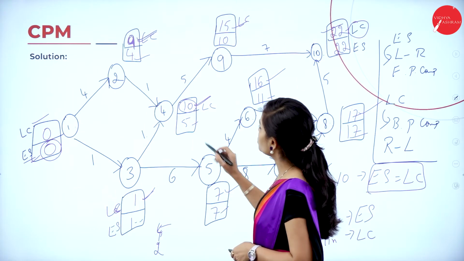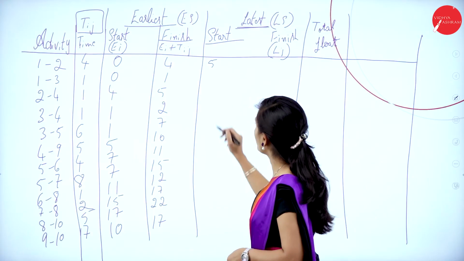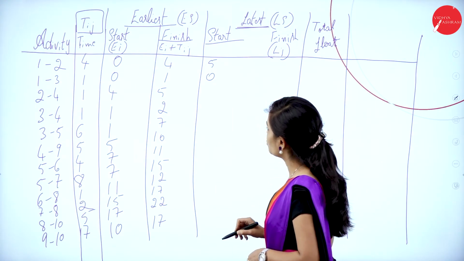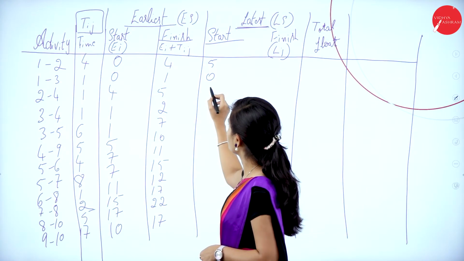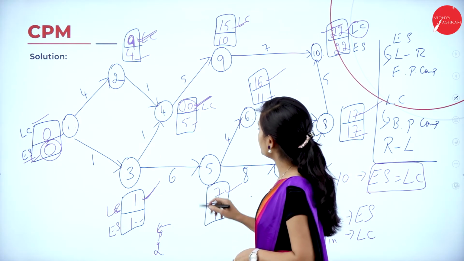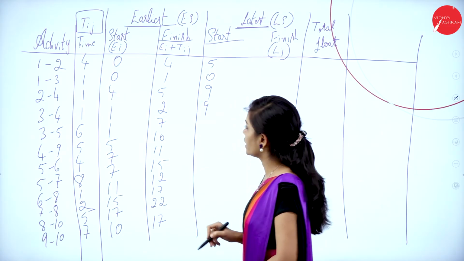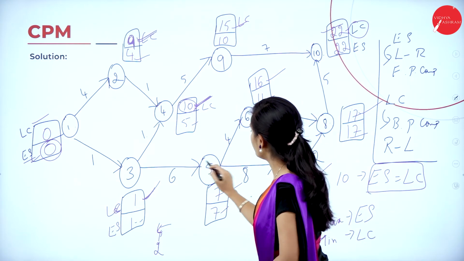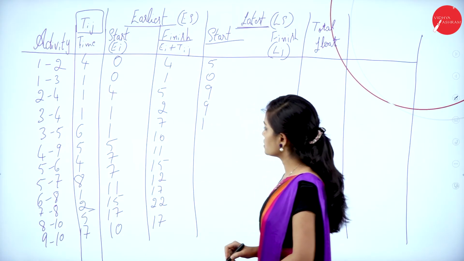And for 1 to 3, latest completion time is 1 and the duration is 1, it is 0. And for 2 to 4, completion time is 10, duration is 1, 10 minus 1 is 9. And 3 to 4, completion time is 10, duration is 1, it is 9. And 3 to 5, completion is 7, duration is 6, 7 minus 1 is 6.